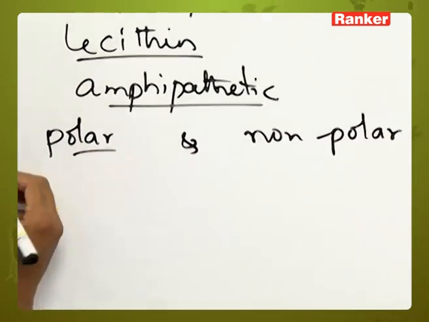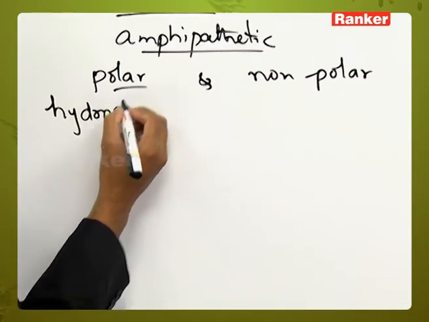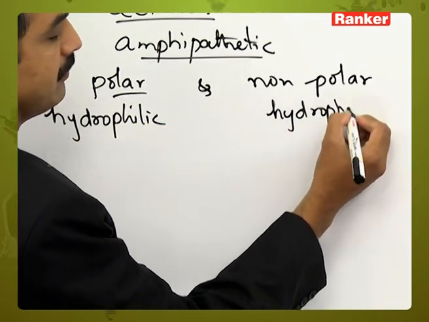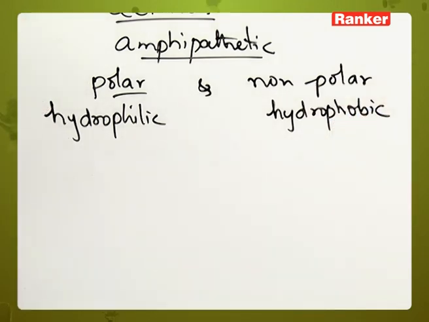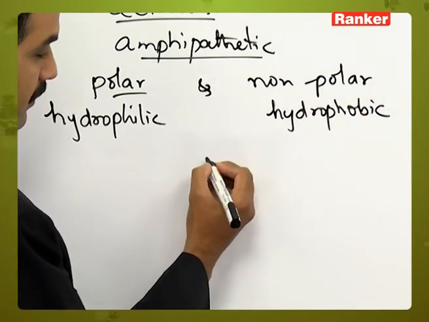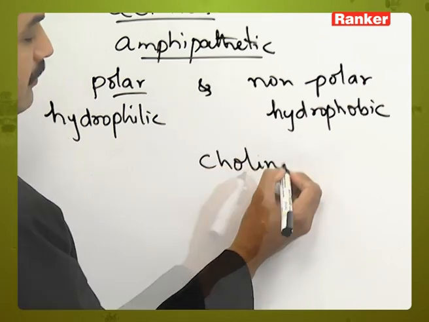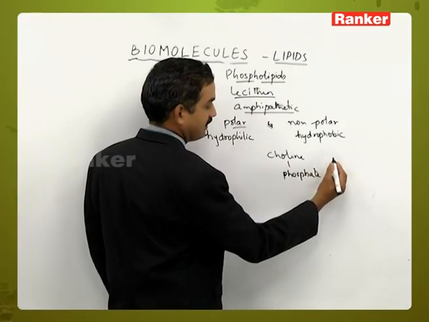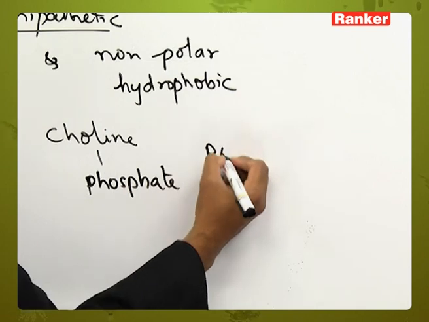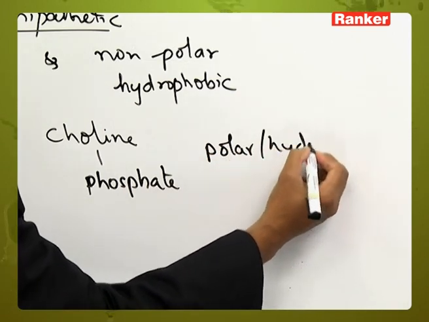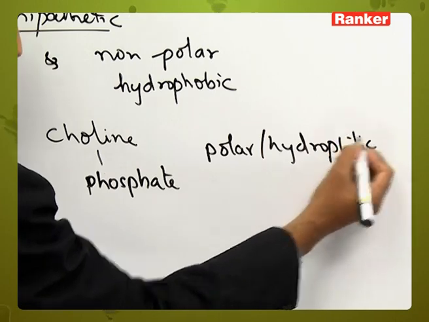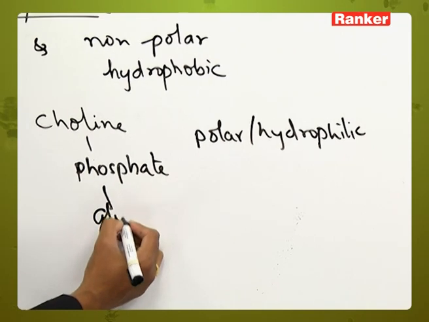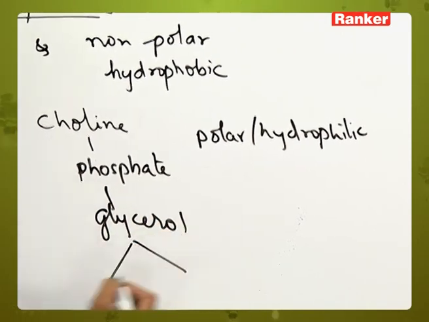Polar is because of the hydrophilic nature, and non-polar is because of the hydrophobic nature. In this one, the choline and the phosphate containing part will act as polar or hydrophilic, whereas the remaining part, that is glycerol along with the 2 fatty acids.